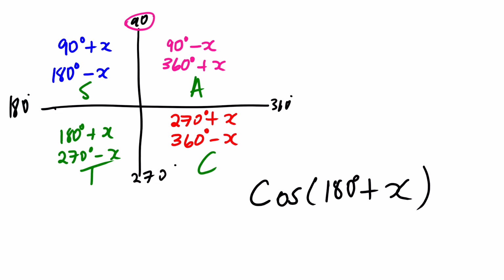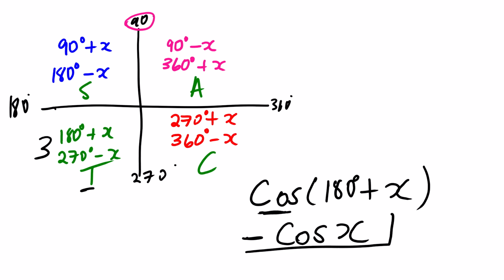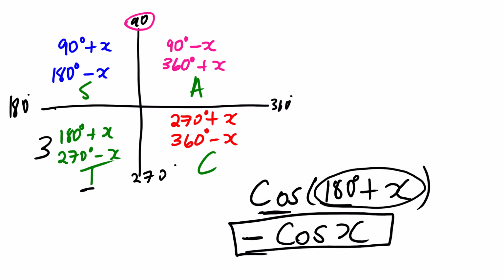Now we check 180 plus x, which quadrant is it? It's quadrant number 3. Is cos positive or negative in quadrant number 3? It's negative, because remember, only tan is positive in this quadrant. So we put the negative. So this is the value of cos 180 plus x. This simply tells us which quadrant.